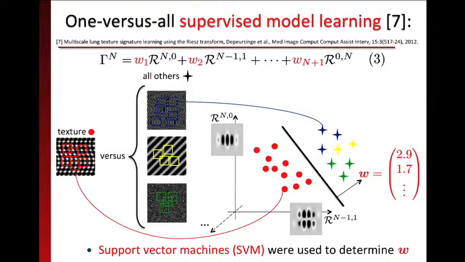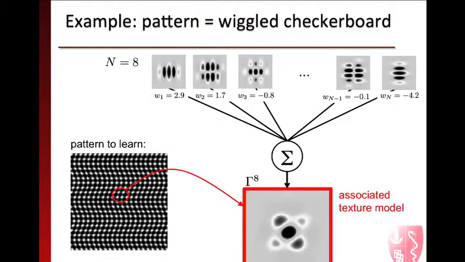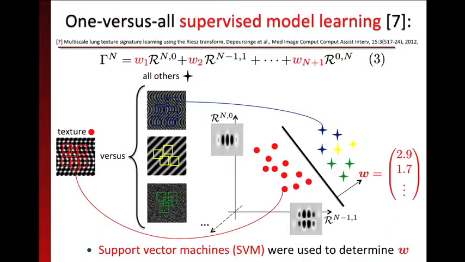And if we express all instances of this texture versus all the others, then we can learn a maximal separating hyperplane to find the corresponding importance of those patterns to differentiate between this texture and the others. So we can obtain this vector of weights that we can reinject here to learn the pattern.